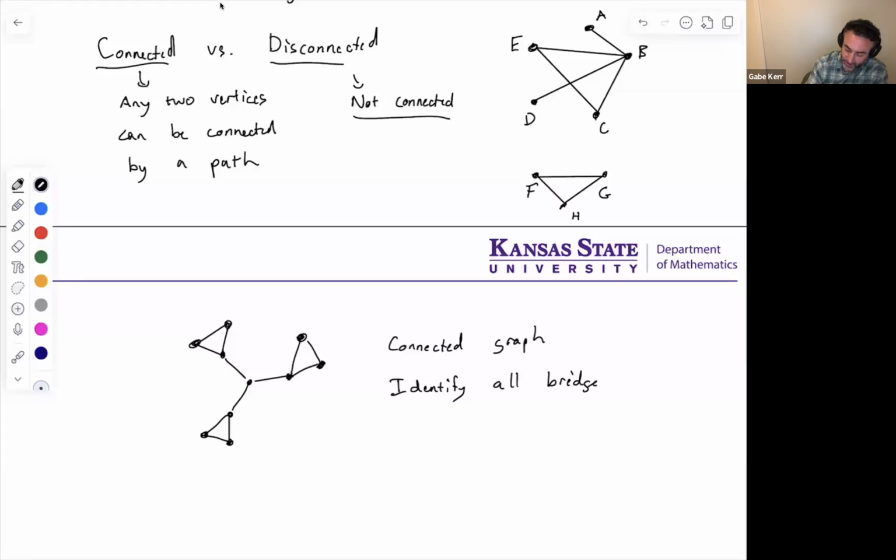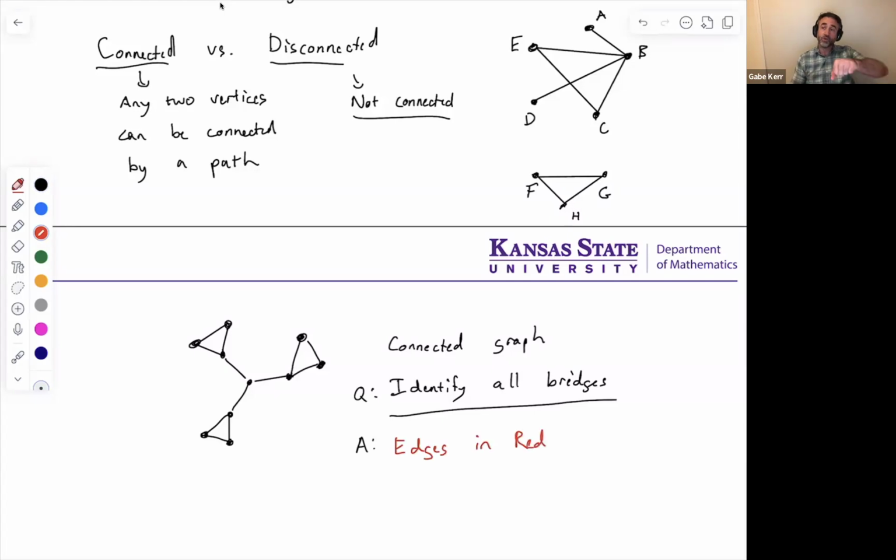Well, what is a bridge? If this is my question, the answer will be to go ahead and find those edges that, I'll say edges in red.